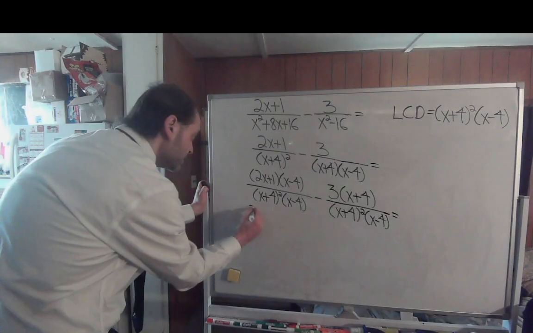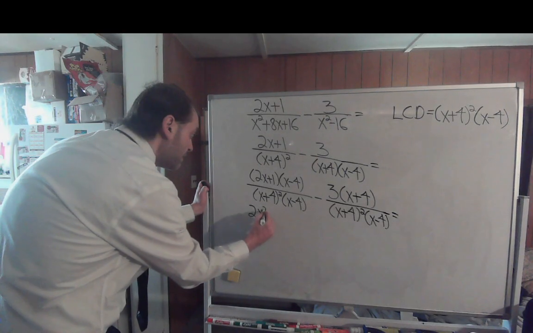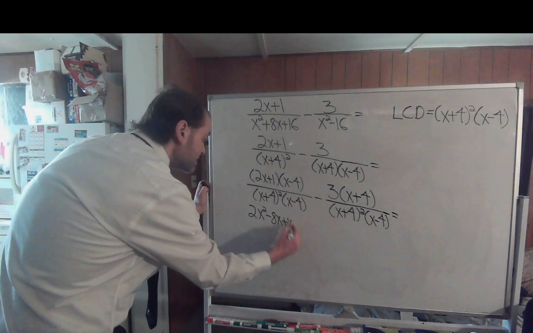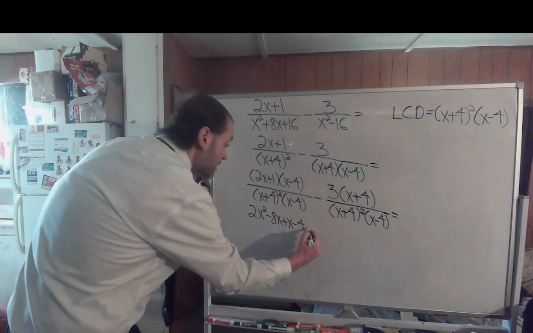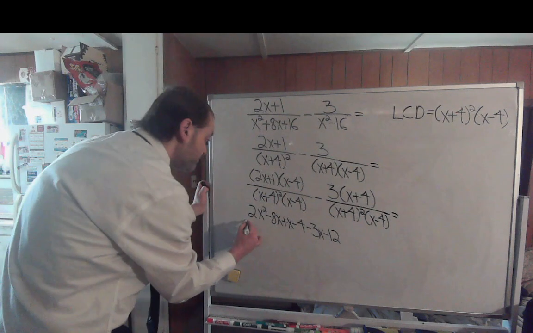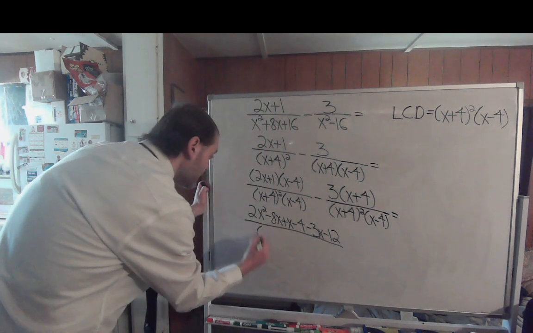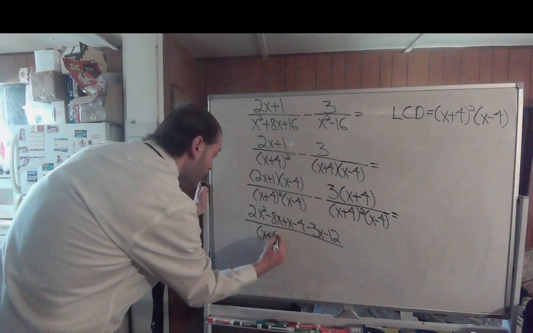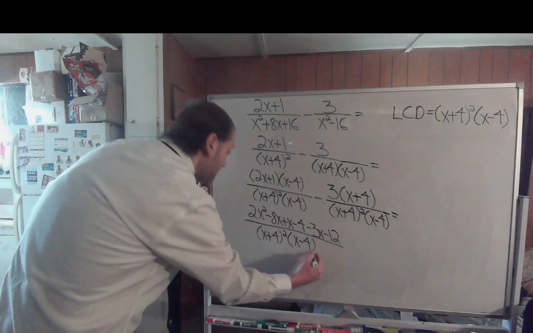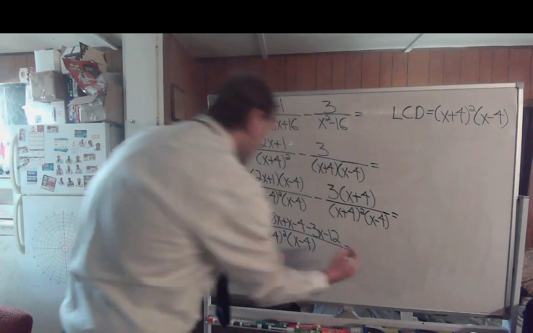So this would turn into 2x squared minus 8x plus x minus 4 minus 3x minus 12 all over (x plus 4) squared times (x minus 4). Which, let's simplify this a bit.